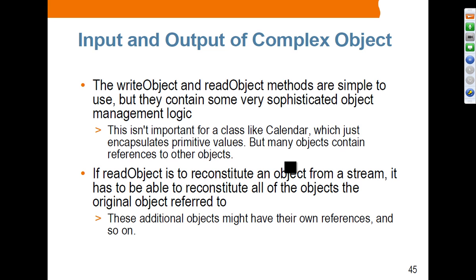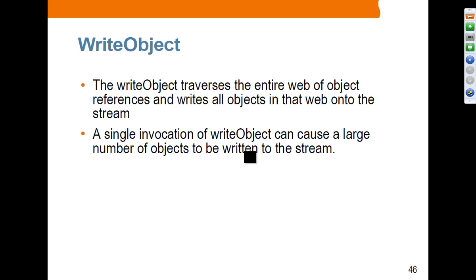For a simple object like a calendar, which just contains primitive values, it's not that big a deal. But many application-level classes contain multi-level object references, and those need to be constructed and saved. Later, when you read that object using the readObject method, all those things need to be reconstructed. But you don't really have to worry about it, because the writeObject and readObject methods handle things for you.